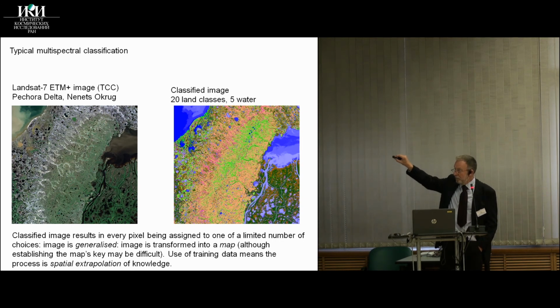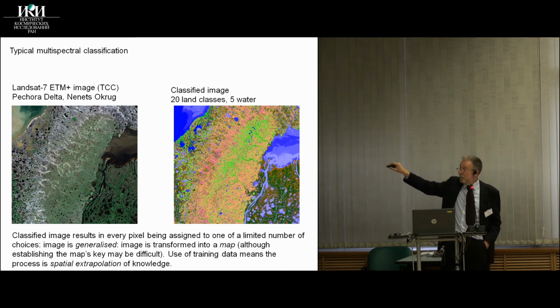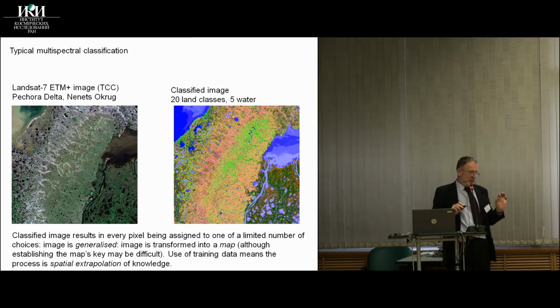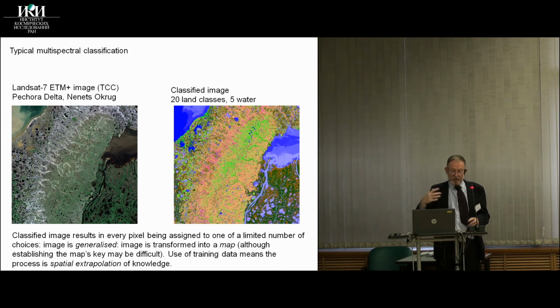So there are, in principle, many millions of possible values that any pixel in this image can take, but in this image there are only 20 possible values because the image analyst specified 20 things. Mathematically, every pixel has been assigned to one of a limited, a defined number of choices.